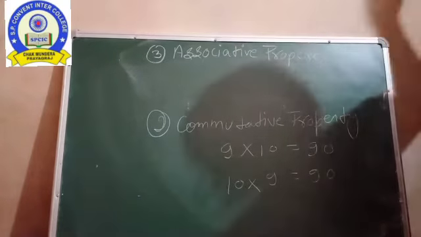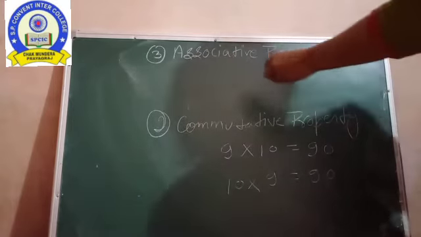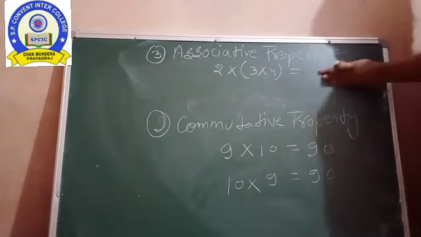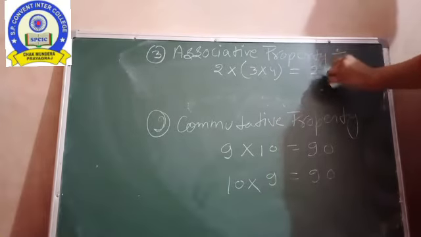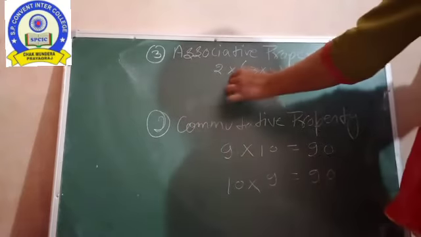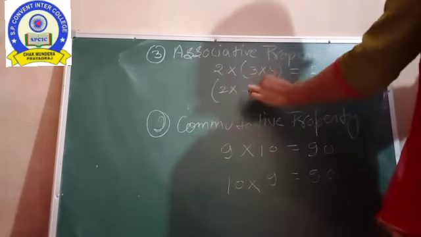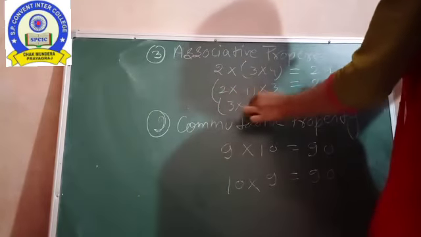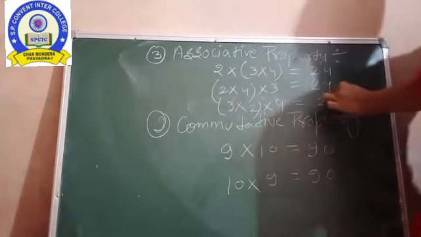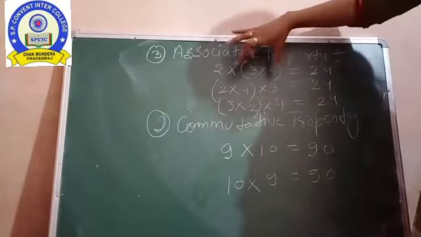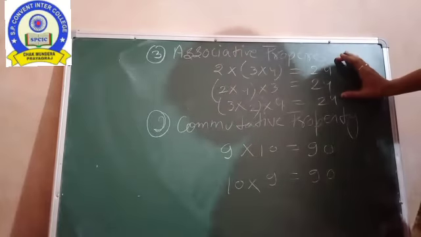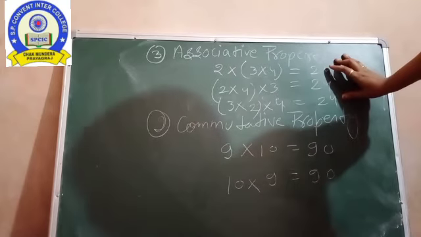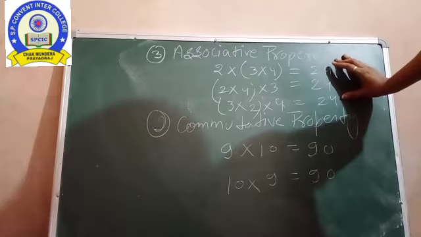For example, 2 into 3 into 4 equal 24, and 2 into 4 into 3 equal 24, 3 into 2 into 4 equal 24. It means when the group is changed, the result does not change. Okay. Hence integers have the associative property under multiplication.